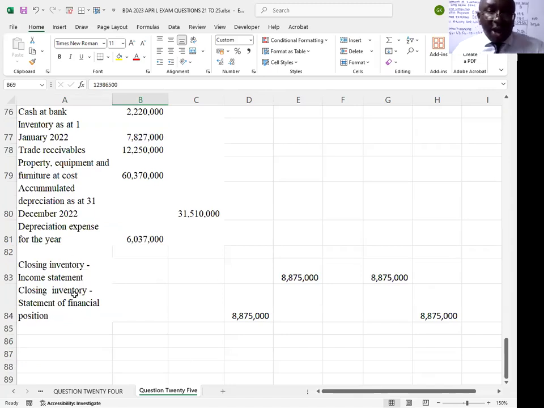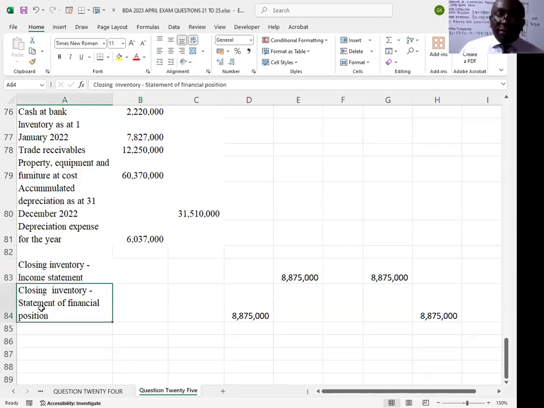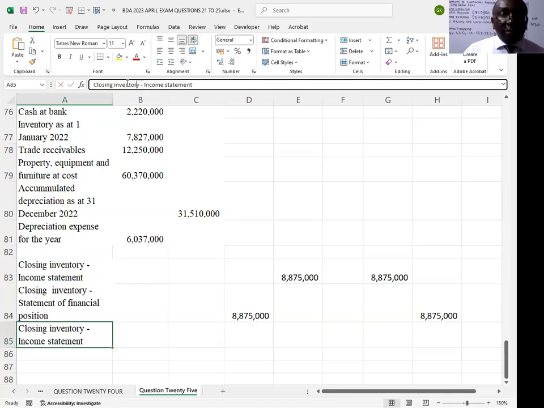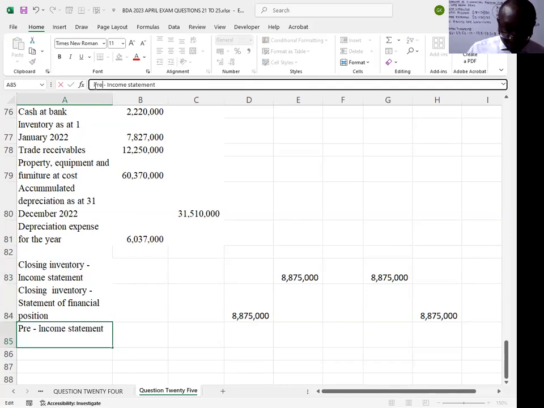One will go to the income statement to reduce this expense, and the other one will go to the statement of financial position as a current asset. So I can just copy this one here, I bring it here, and I say prepaid insurance.